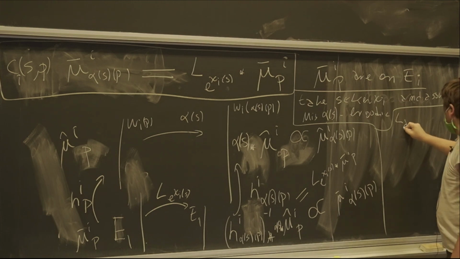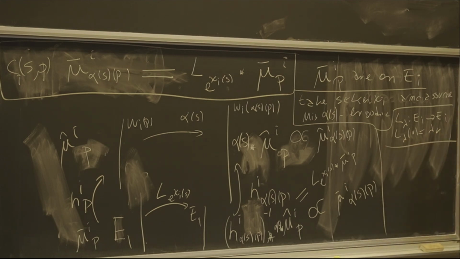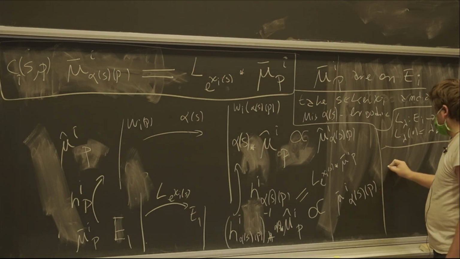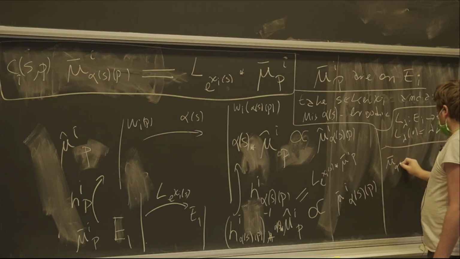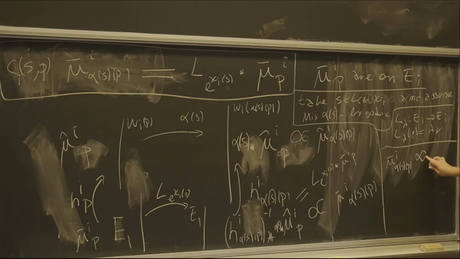Maybe I should say it: L lambda of B is lambda times B. So which means that for that S, I have that mu hat alpha S P_i is equivalent to mu bar i P for almost every P and for every S in the kernel of chi_i.